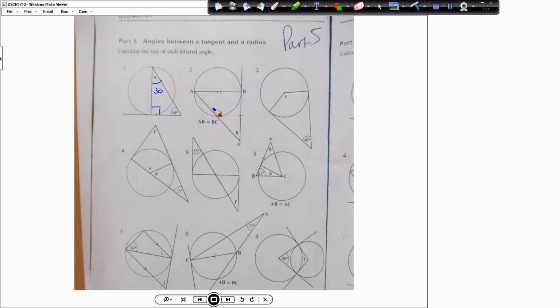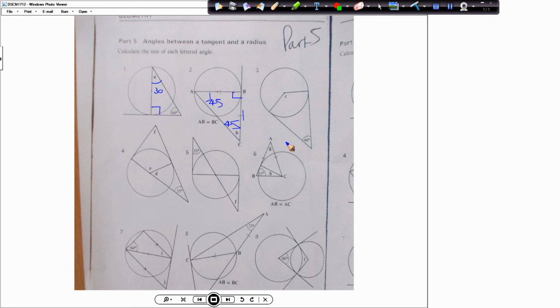Okay, here's my tangent. Where's my tangent? Here's my tangent here. Here's my radius here. So the angle between those two has to be 90. And these two lines indicate it's isosceles. So this has to be 45, and this one has to be 45. Yes, Jimmy. Okay, here we go. Here's my radius, Samara.